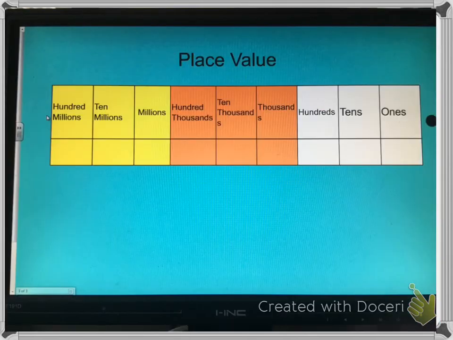Now here is a labeled place value chart that illustrates the value of each place in a whole number. So by knowing our place value names, we can identify the value of any digit within a given number. So for example, in the number 2,473, the digit 3 is in the ones place, so it just means 3 ones or 3.